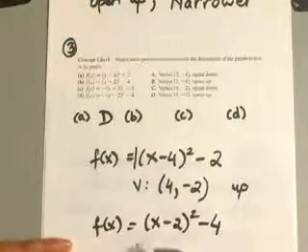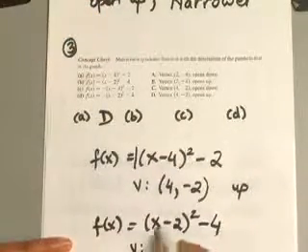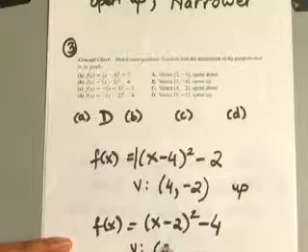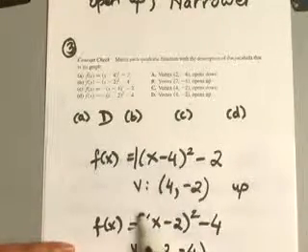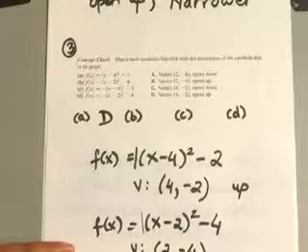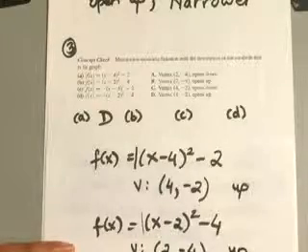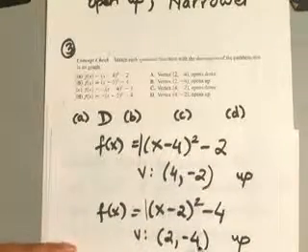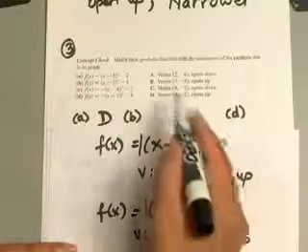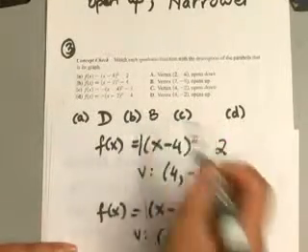Okay, so in this case, your vertex is going to be positive 2, negative 4. And again, you don't have a coefficient there, so it's understood it's a 1. Since it's a positive number, again, your graph opens up, and 2, negative 4 opens up. Looks like your choice here is going to be the number B.